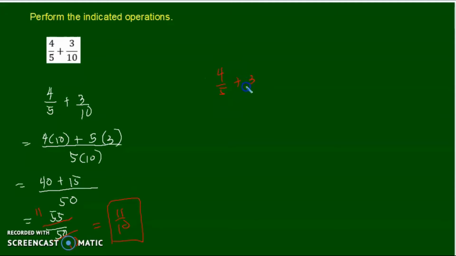4/5 plus 3 over 10. So get the least common denominator of the denominators. So the LCD of 5 and 10 is 10. Then divide the LCD by the denominator times the numerator.